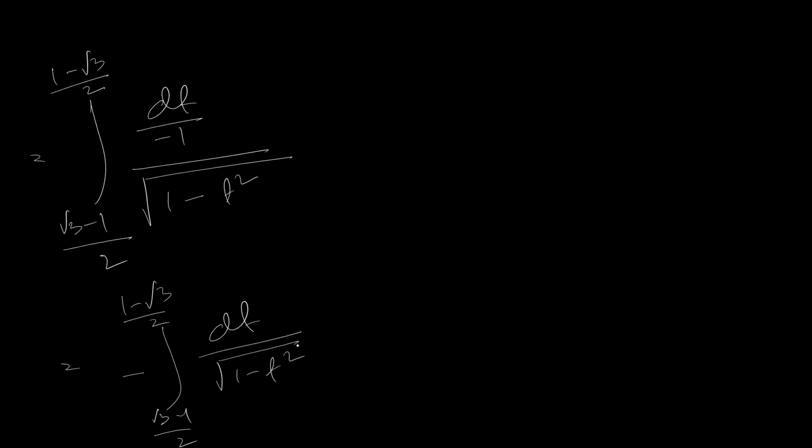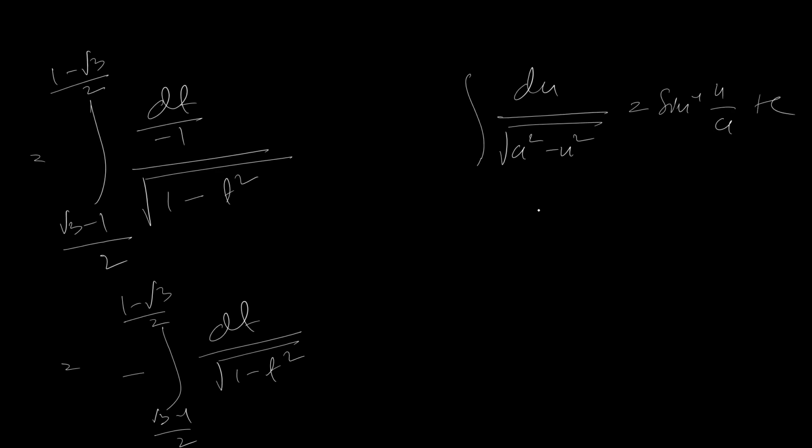Now you see, this is a formula. The formula is the integral of dx over √(a² − x²) equals sin⁻¹(x/a) + c. So this is the formula that I will use here.